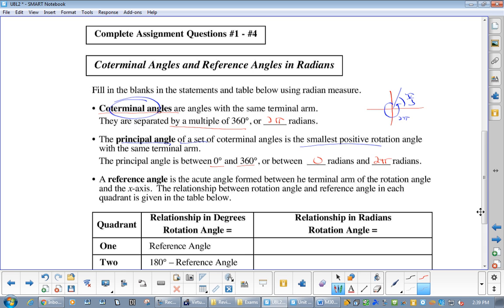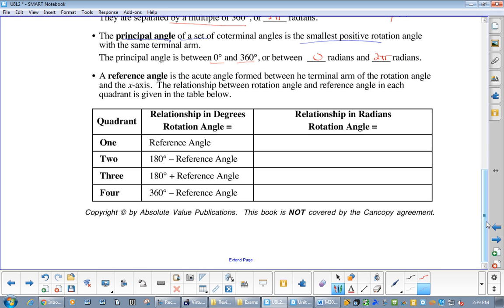Now, let's see if we can do this using our radian measure. So rotation angle. Remember, we had our 4 rotation angles. So if we were, say, here, the rotation angle just equaled the reference angle. What was the reference angle?